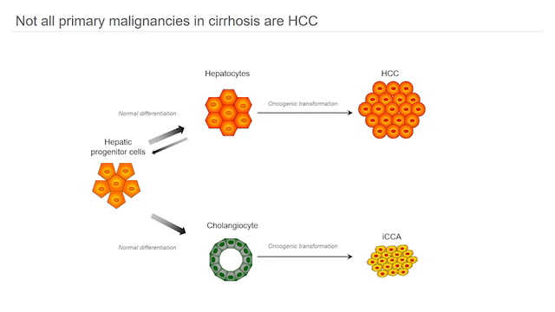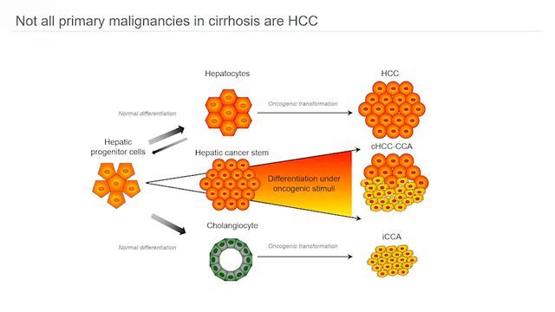And to make matters a little bit more interesting, these same hepatic progenitor cells can give rise to hepatic cancer stem cells and then differentiate into the combined HCC-cholangiocarcinomas, and on top of that, the dedifferentiation from either ICCA or HCC can occur and again lead to a combined tumor.